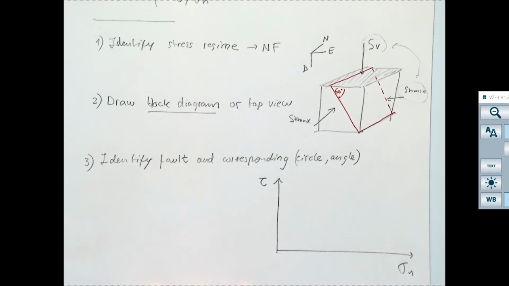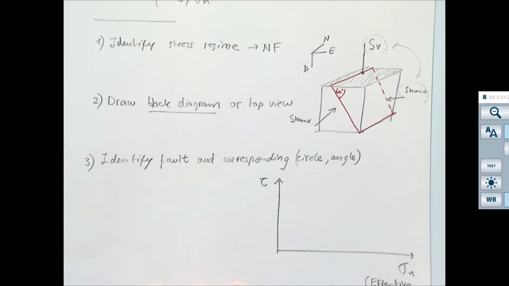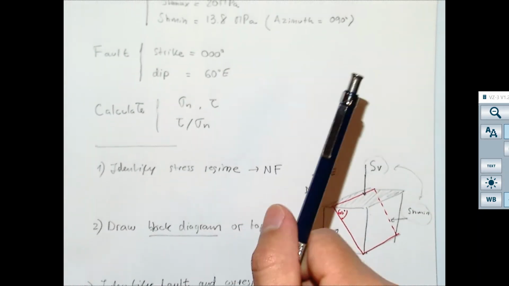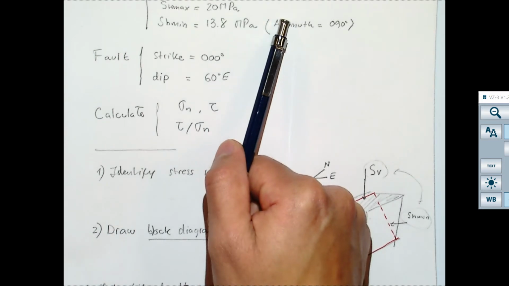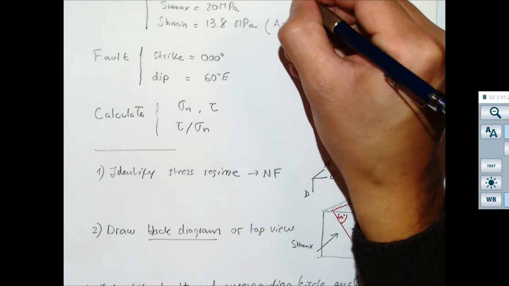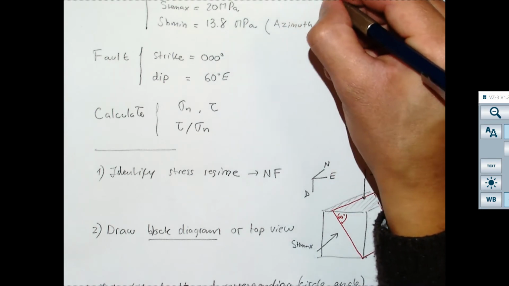Very important when you draw the Mohr circle. Remember that always here we have effective stresses. Therefore, in order to get effective stresses, I have to subtract pore pressure. And actually, I forgot about that. The pore pressure in this example was 10 MPa.